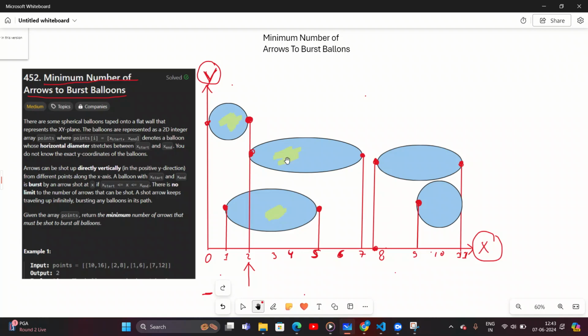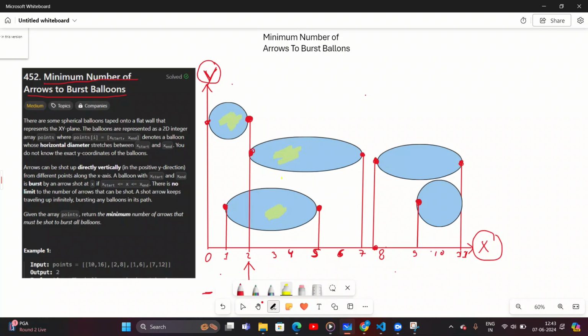We are going to take a count variable, and we are going to increase it to 1 since we have shot one arrow. Now we will move again. These 3 balloons have been burst.